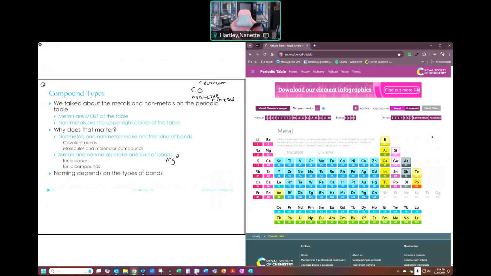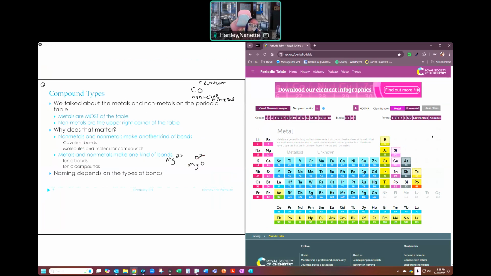Mg is a 2 plus ion. I know that oxygen can pick up 2 electrons to become like the nearest noble gas, which is neon. And so if I put those two together, I get MgO. And that's a metal to nonmetal bond, which is an ionic bond, and it therefore makes an ionic compound.